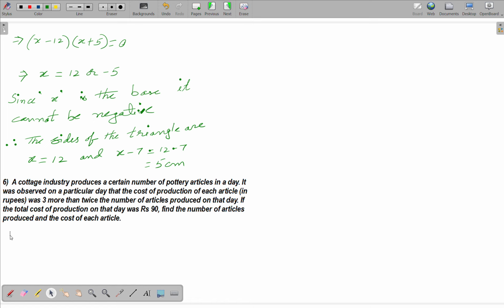Now we write the solution. Let the number of articles produced in a day be x.